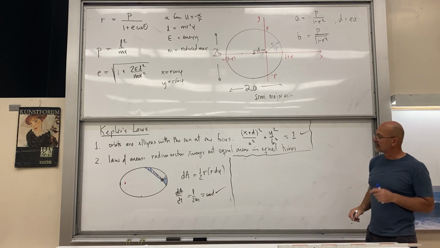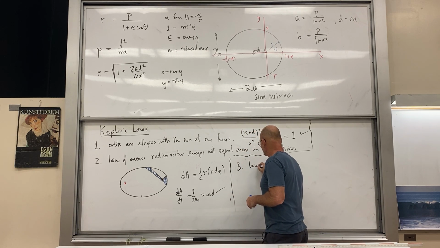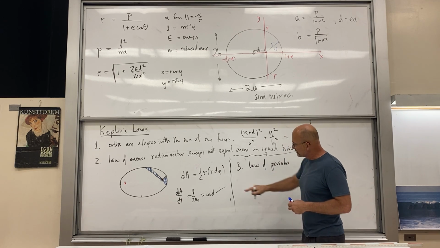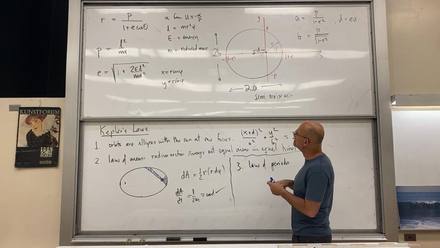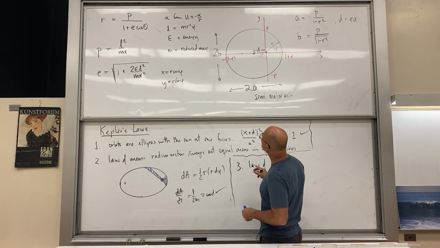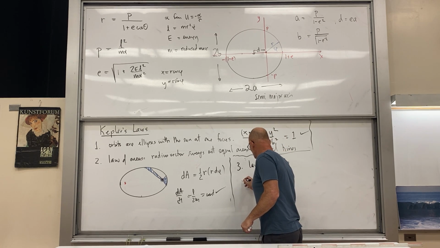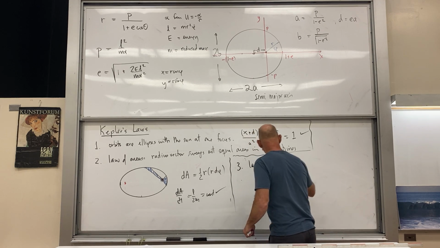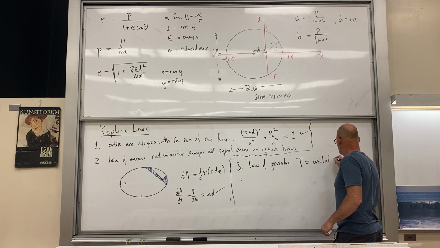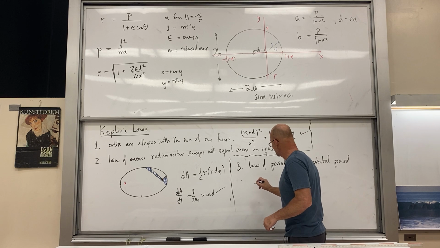The third law is the law of periods, and we're actually going to make use of the second law. We're talking about the period, T equals the orbital period. That's the time it takes to orbit the central body.